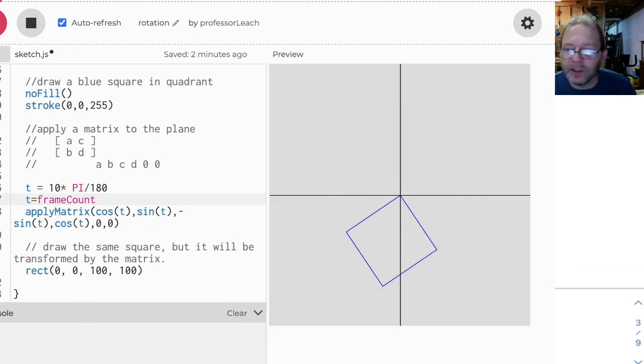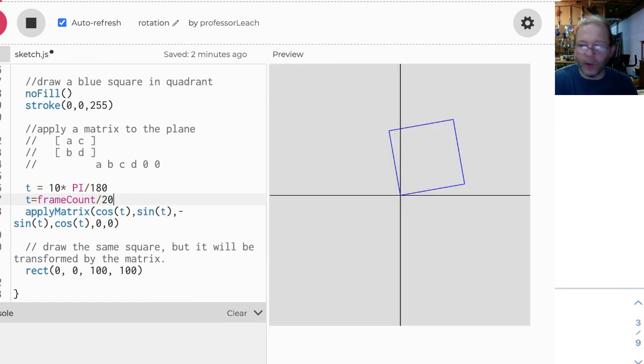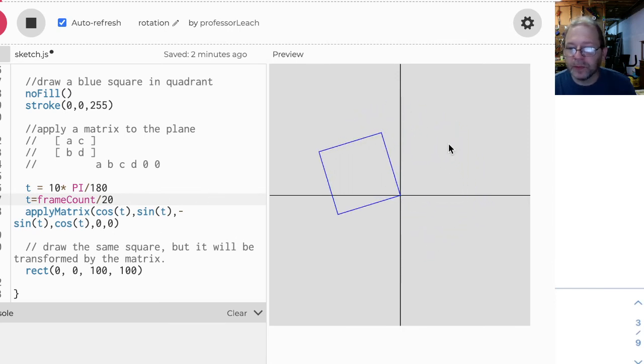Yeah, there we go. So just frame count, and it's flying around. So let's slow it down a little bit. Frame count over 20. And it's applying that to there, and we get this little animation.